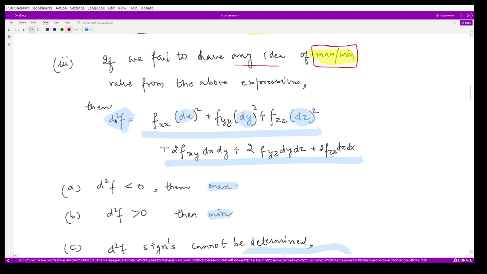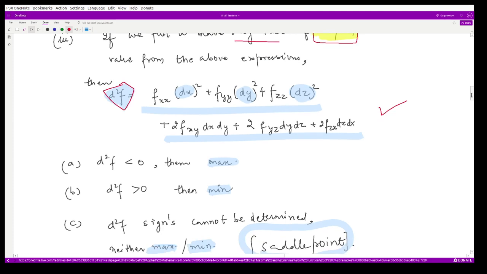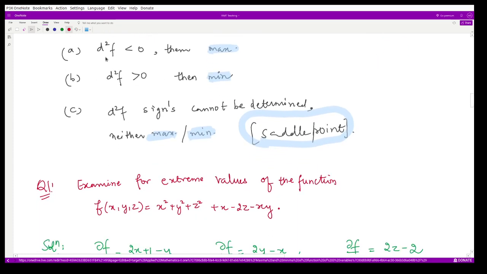For that we have to compute d2f. d2f is the expression f_xx dx whole square plus f_yy dy whole square plus f_zz dz whole square plus 2f_xy dx dy plus 2f_yz dy dz plus 2f_zx dx dz. Once you compute this expression, you will again go for the sign of this expression.